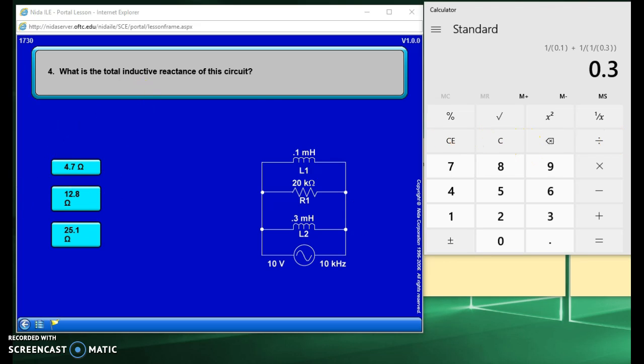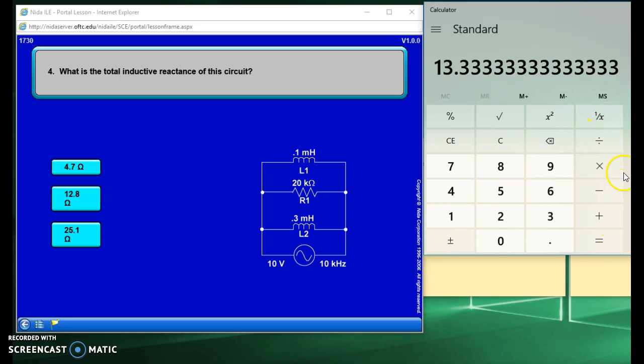Something didn't take, so let's go back to our calculator and clear it. We've got a 0.1 and a 0.3. So I'm going to say 0.1 reciprocal plus 0.3 reciprocal equals, and then I'm going to reciprocate that. That looks potentially better because it should be lower than our lowest one, just like when we do resistors.